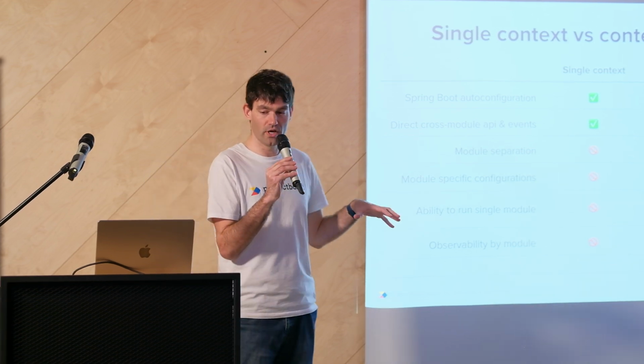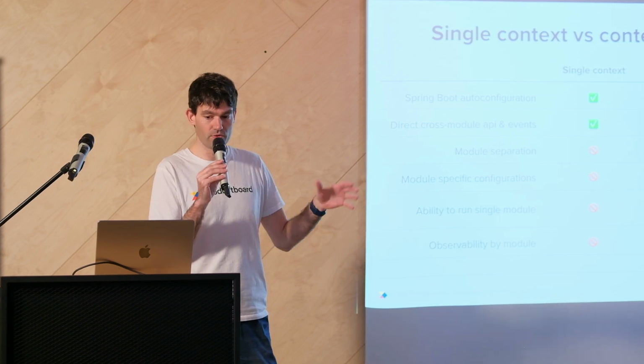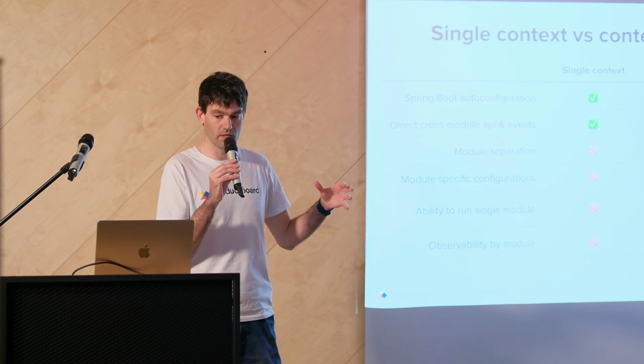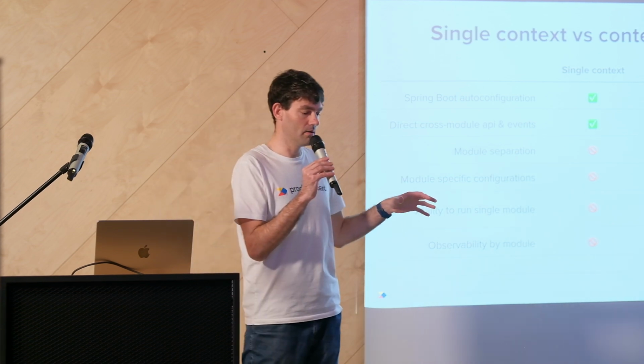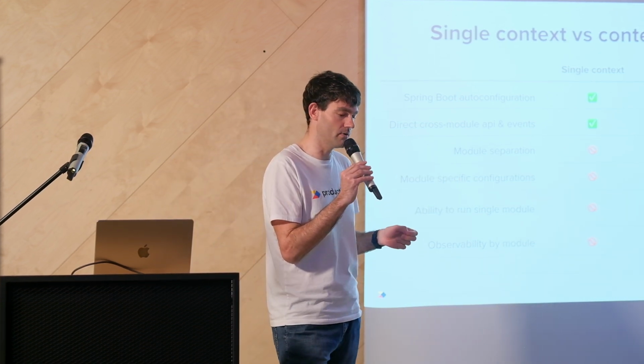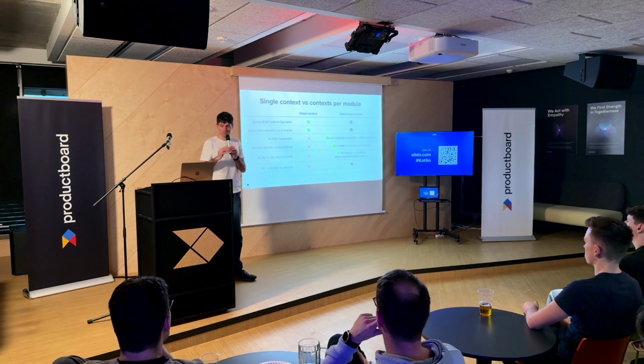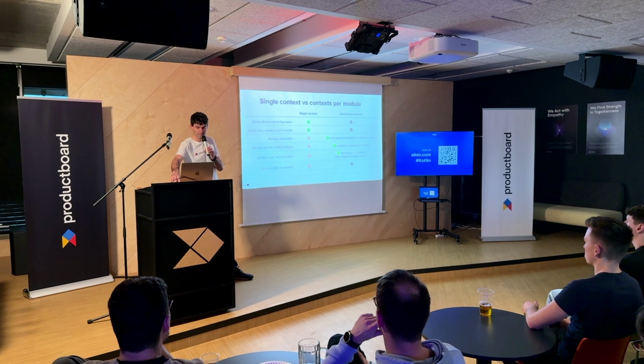It allows you to have module-specific configuration, the ability to run a single module, and also observability. That single Spring context is also one of the disadvantages of the Spring Modulith project from my perspective.